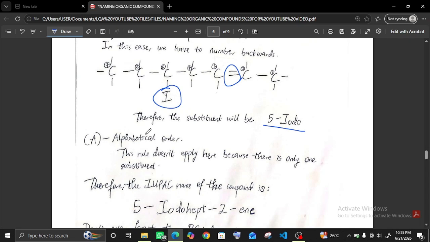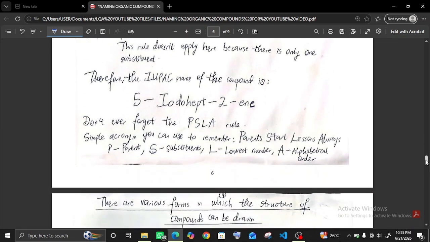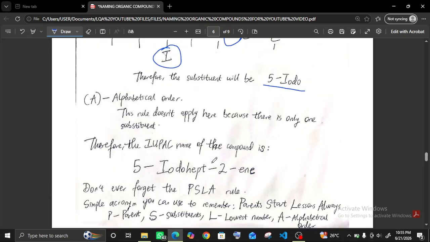Now the next step is step A, after PS, sorry, step L, that's the least possible number. We've done that. Then step A, which is alphabetical order. Now this rule does not apply here because there's only one substituent, so the organic compound is going to be 5-iodo hept-2-ene.